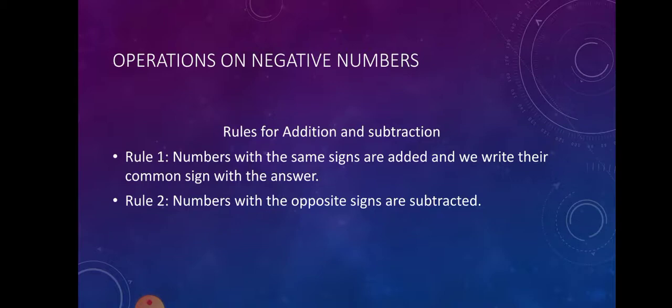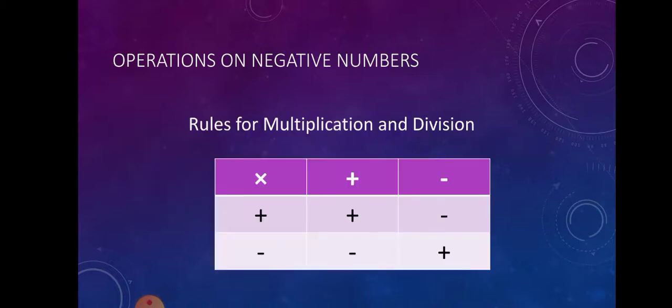First of all, rule one says that numbers with the same signs are added and we write their common sign with the answer, and rule two says that numbers with opposite signs are subtracted. And here you can see the multiplication box. Positive multiplied with positive gives a positive sign, and positive multiplied with negative gives a negative sign.